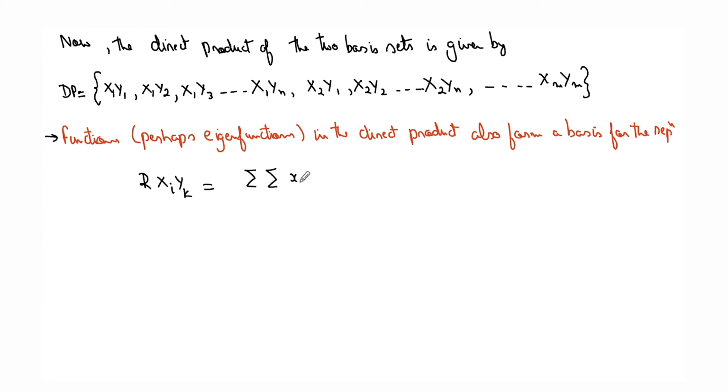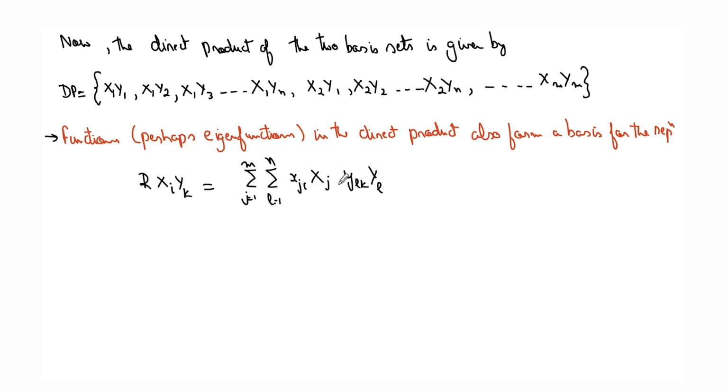So we can say that this is the summation of j equal to 1 to m, x ji xj, and then we will have y lk yl. So this summation will be going from l equal to 1 to n, right?